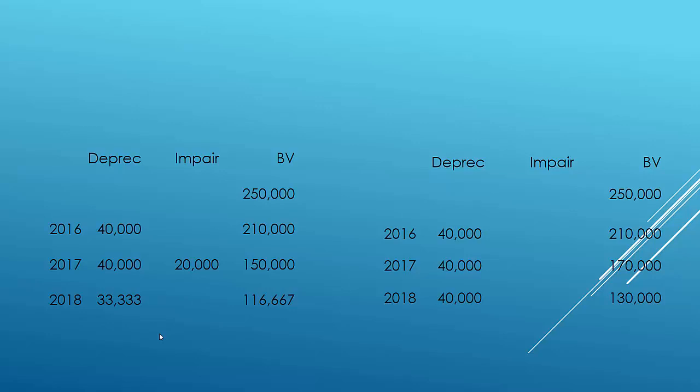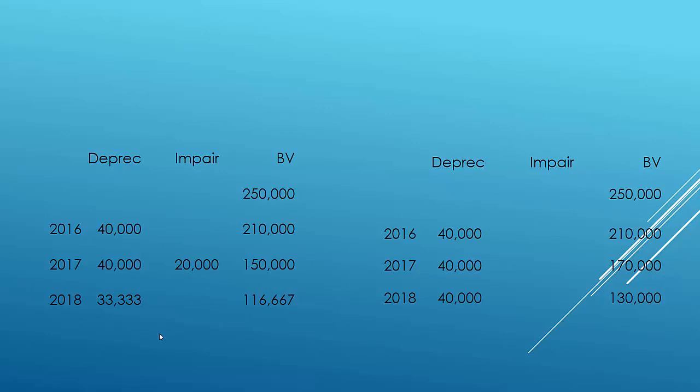We then take off the 2018 depreciation, which gives us $116,667. Now we can see that the book value is now less than the recoverable amount, which was determined to be $135,000. And that would suggest that we should do a reversal of the impairment.